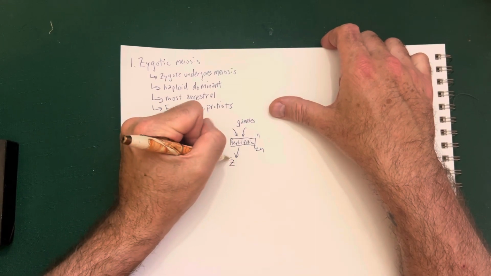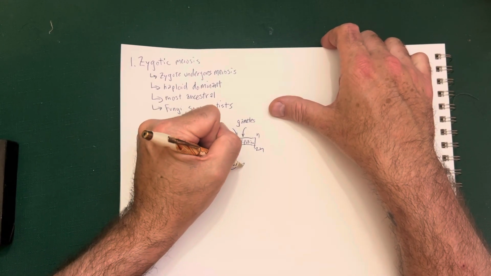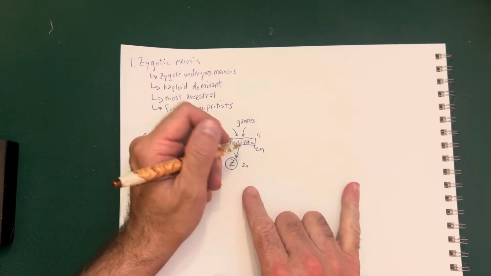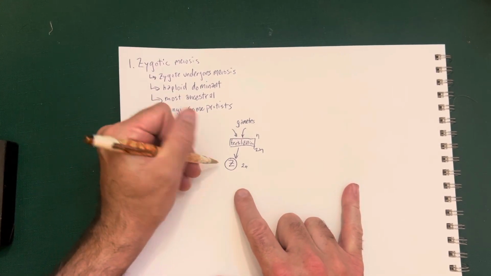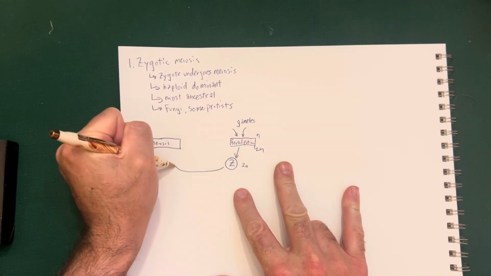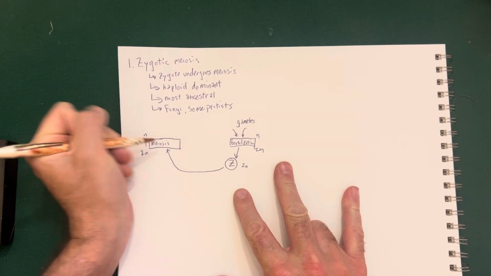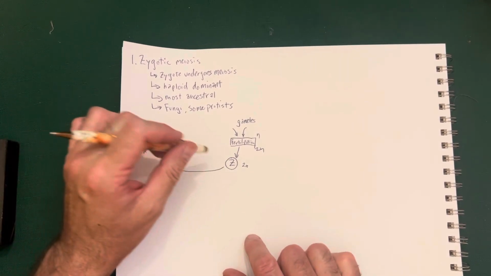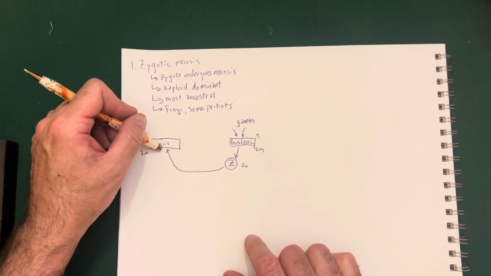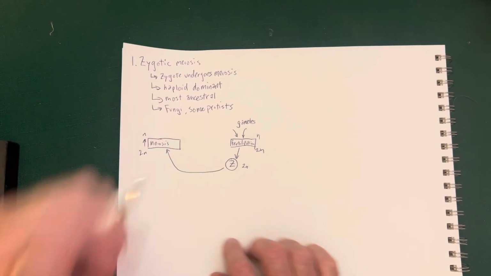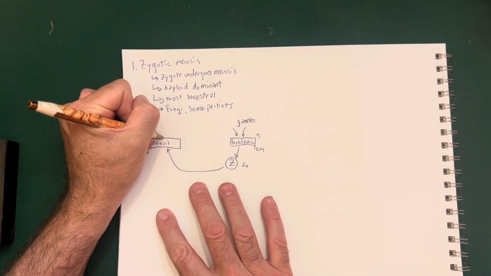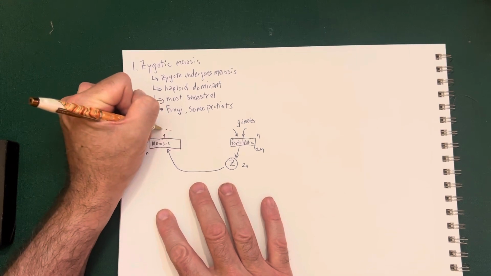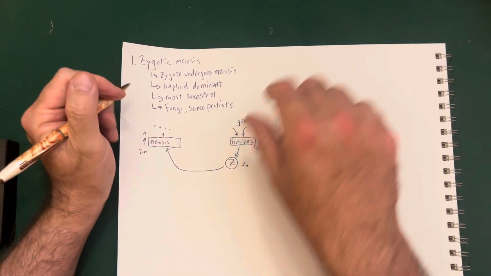And that's going to give us a zygote. Just to repeat, zygote is our first diploid cell. That diploid cell does not undergo any mitosis, no cell division at all. It immediately undergoes meiosis, zygote undergoes meiosis, to give us haploid cells.